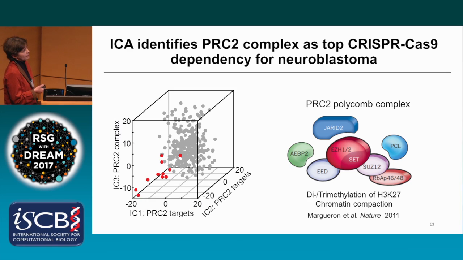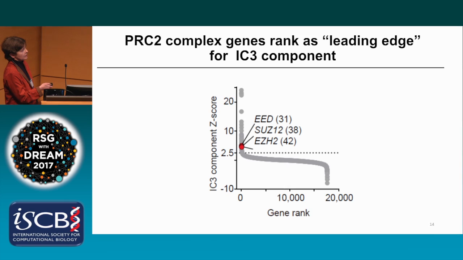And a common denominator of all these 3 components was that they are enriched in a module associated with the PRC2 polycomb complex. That was very encouraging, because amongst the genes in this polycomb complex, EZH2, the major gene, is druggable. The main genes of the polycomb complex are found as leading edge genes in this independent component.